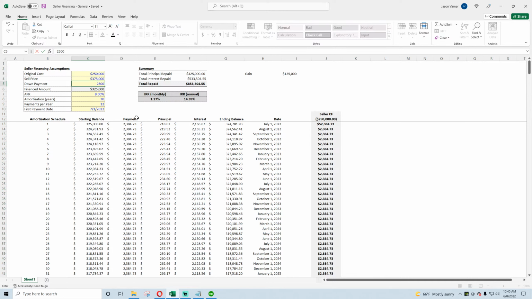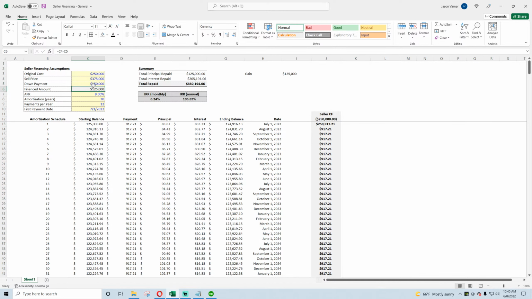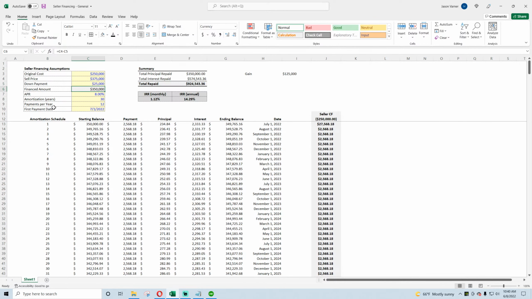Say 25,000. I just want to understand the numbers here. So, as an investor in this, let's say I put up 250, or the original cost house is 250, sell it for 375, get $25,000 down.